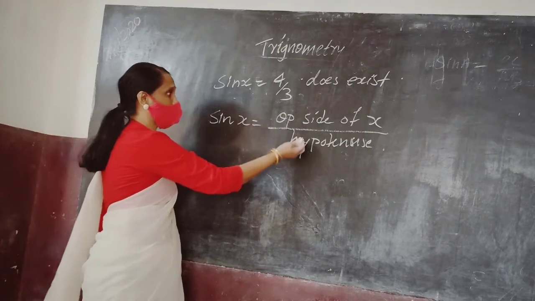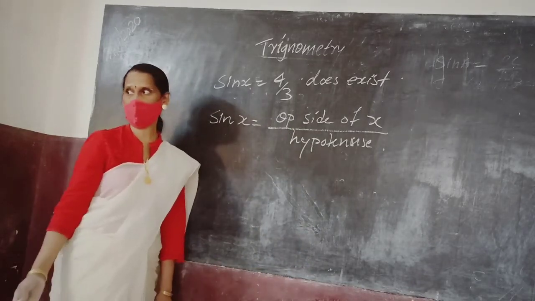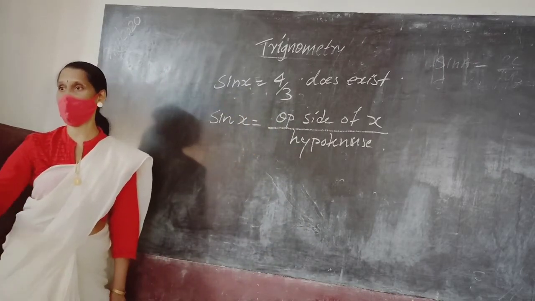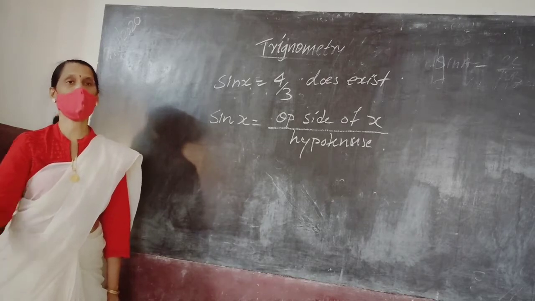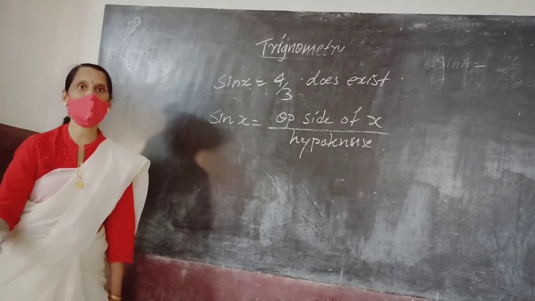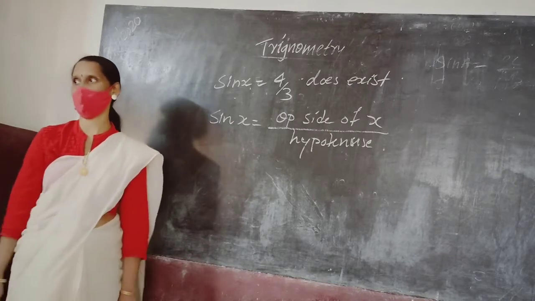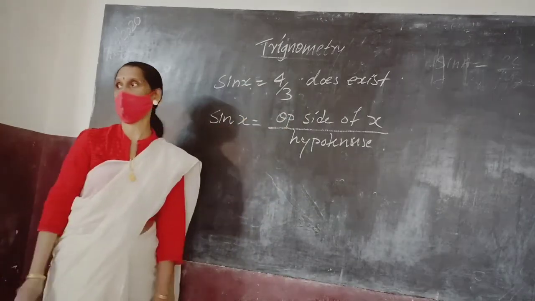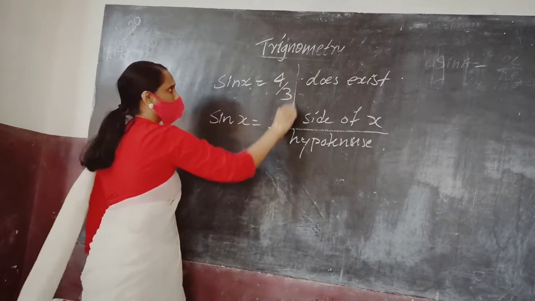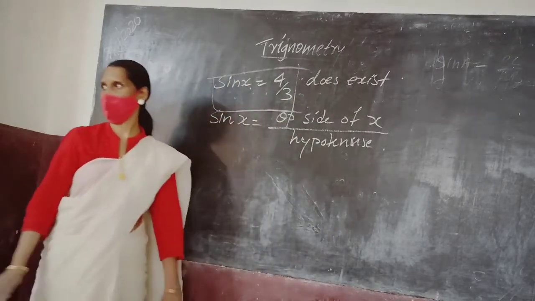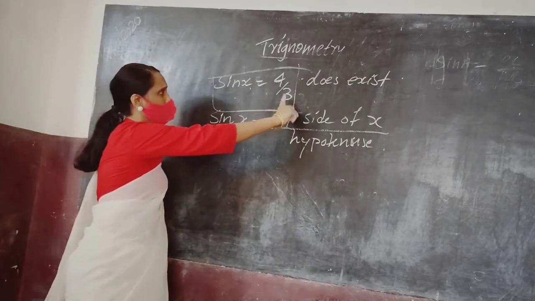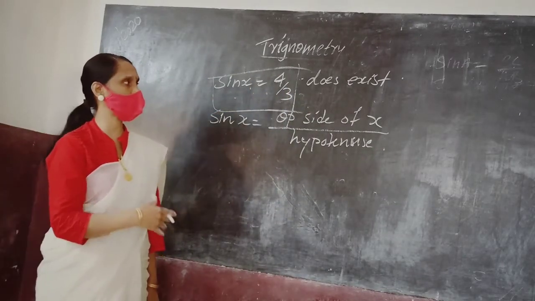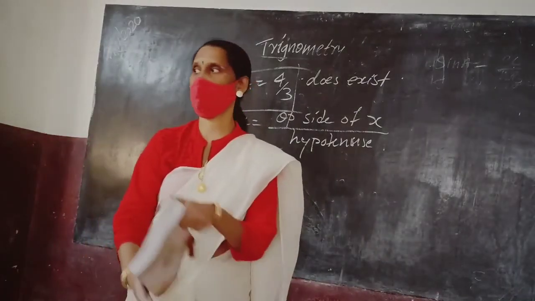According to the discussion, hypotenuse is in the denominator, but here the denominator is smaller. But we know that hypotenuse should be larger, the largest side among all three sides. So this is not possible. Sin x will never be 4 by 3, because hypotenuse would be smaller than the opposite side. Hypotenuse cannot be smaller. It should be the largest one.